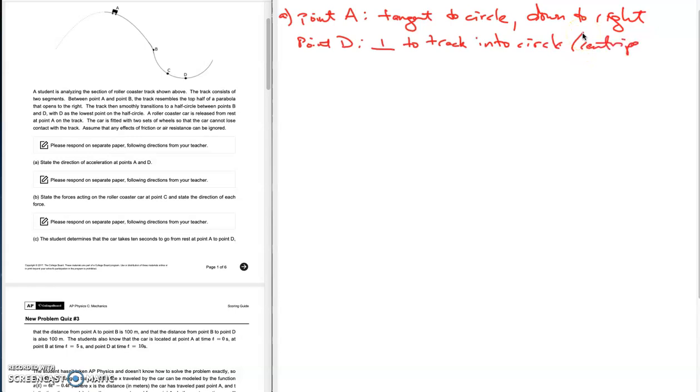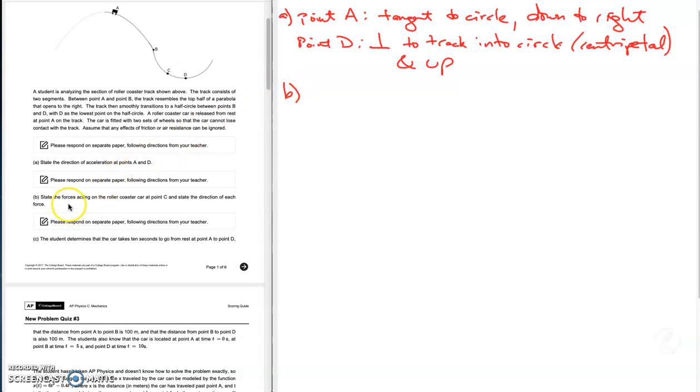And we typically call this centripetal. Oh yes, and up. It is perpendicular to the track into the circle, which we're also calling up.